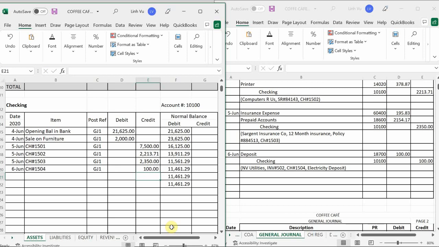So I went from $11,561.29 to $11,461.29 because I put in that formula. If I had a debit, it would increase that. If I had a credit, it would decrease it. So in this case, it subtracted out $100 from my balance.